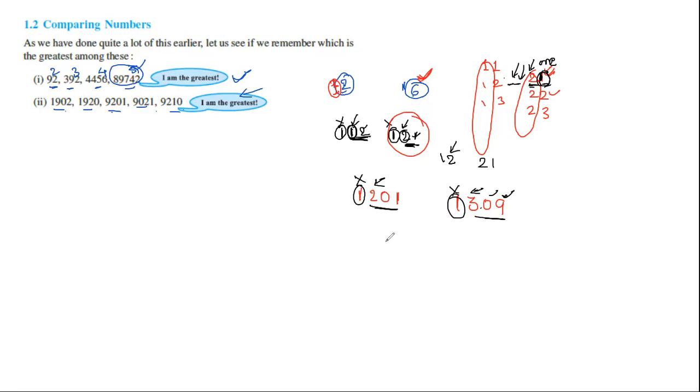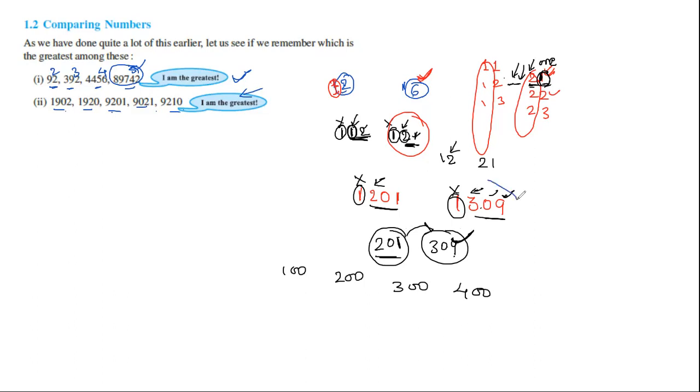Which one is greatest, 201 or 309? Obviously 201 comes first, then 309, as you know 100 comes first, then 200, then 300, then 400. So out of these, I'll say 309 is the greatest.